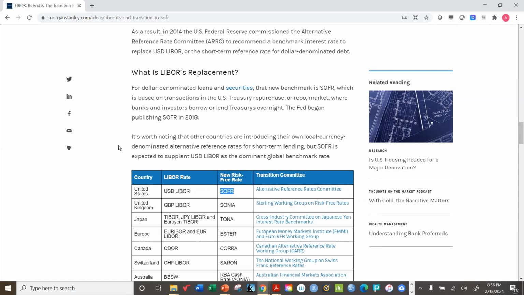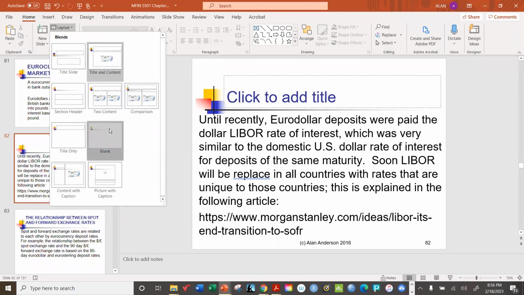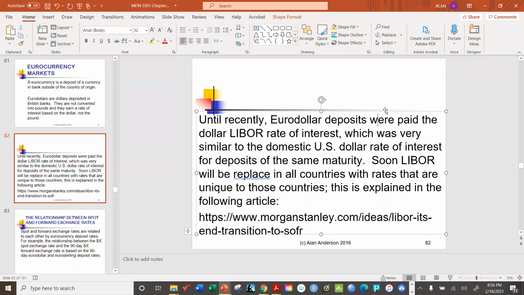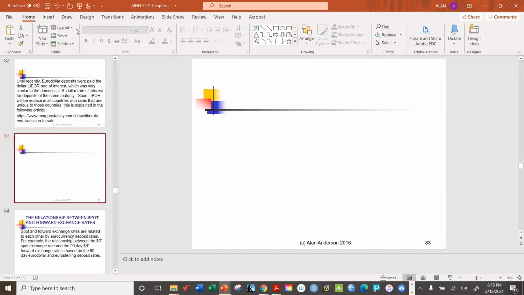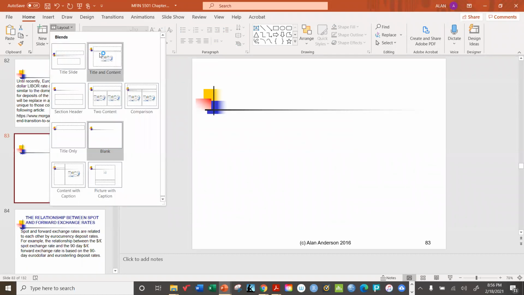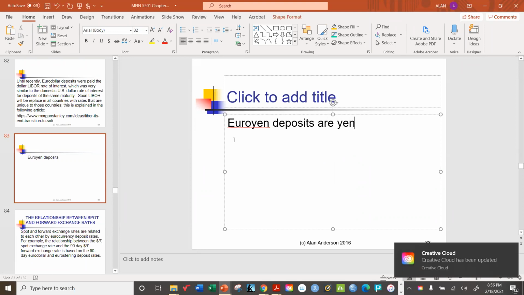So, wow, that is so interesting. All right, well, anyway, for the purposes of the slides, why don't we just pretend that Eurodollar rates are still going to be set equal to LIBOR, and then we also will have other currencies as well. For example, Euro yen deposits are yen deposits held outside of Japan.